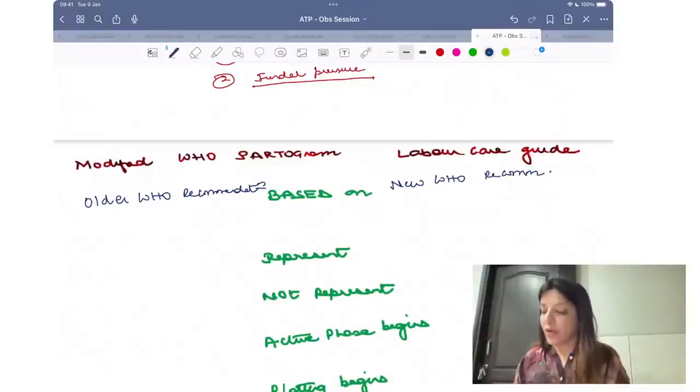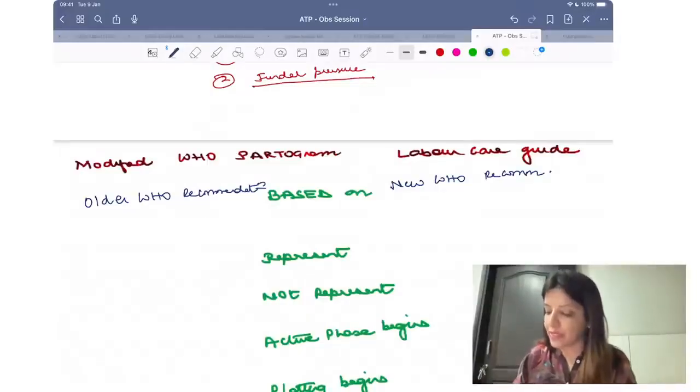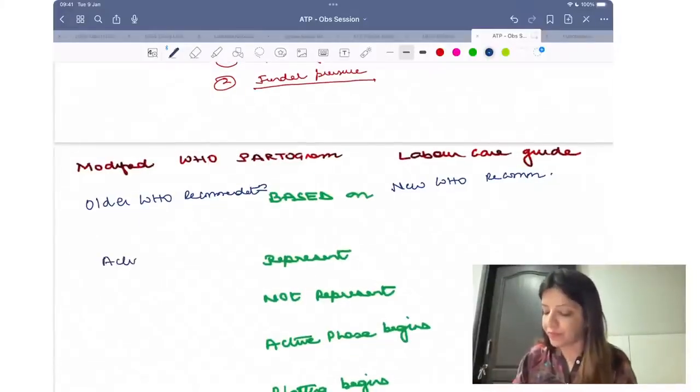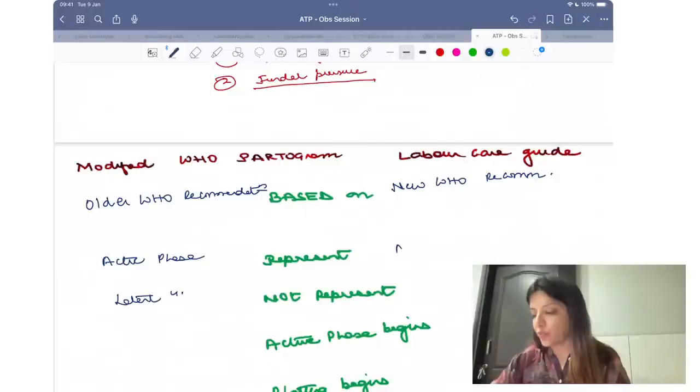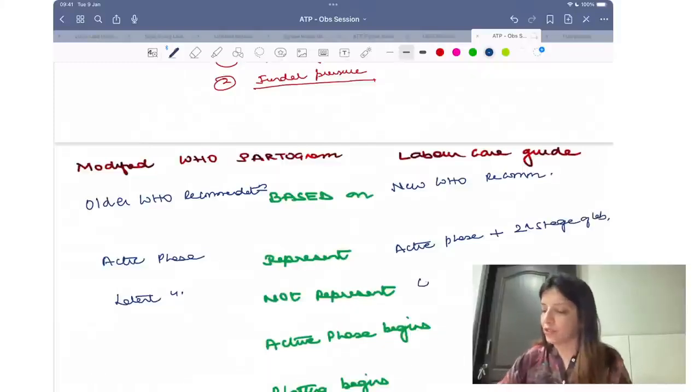Right? Now, in modified WHO partogram, we are representing the active phase. We do not represent the latent phase. In labor care guide, we represent the active phase of the first stage of labor plus the second stage of labor. Again, here latent phase is not represented.